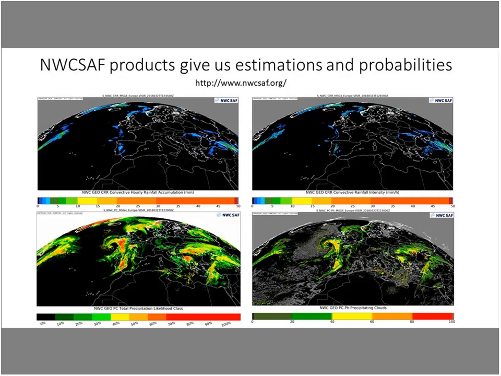This is quite useful, as I said, when you don't have radars or the radars are not functioning. But again, very important thing, these are estimations and probabilities. So as you can see here, this is a great area of probable precipitation, but for sure not in all of this area precipitation is going on.